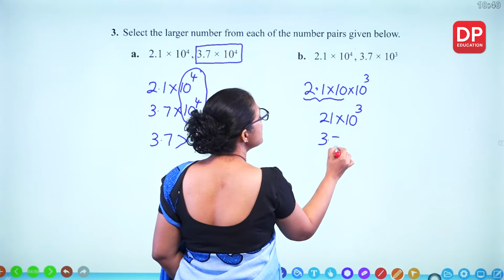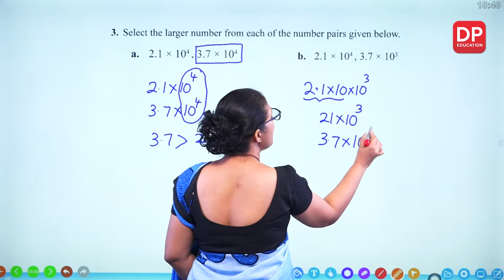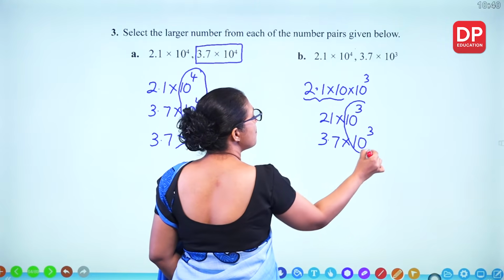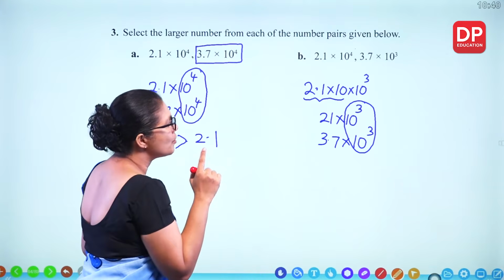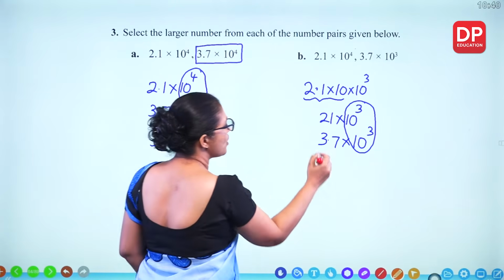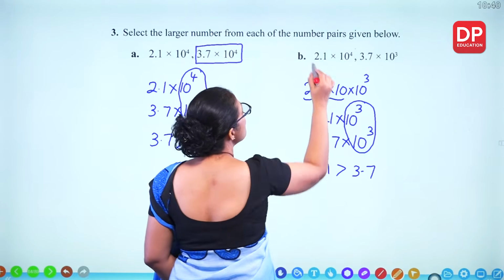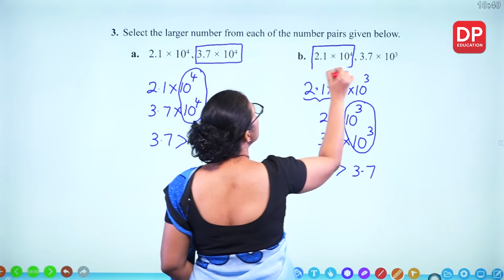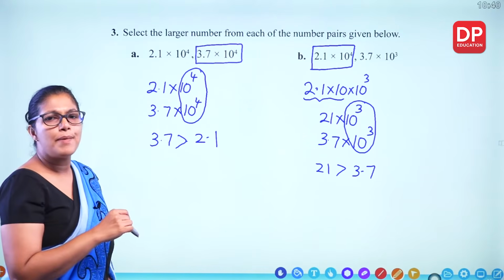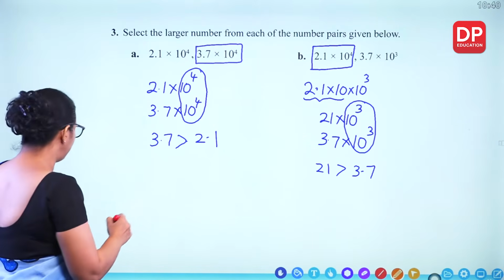This is 3.7 into 10 to the power 3. Same power. So you can compare these two numbers. 21 is bigger than 3.7. So which is the bigger number? This number is the bigger one, larger number.